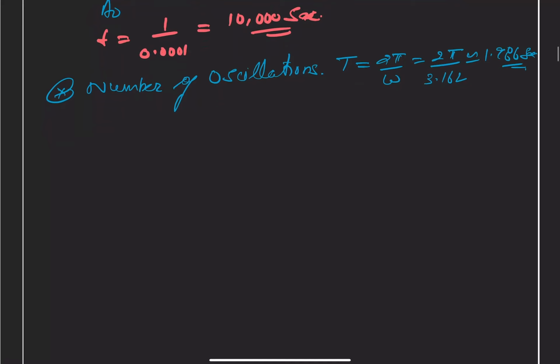So therefore, finally, the number of oscillations in time t, which we just found out at 10,000 seconds, which is given as n.